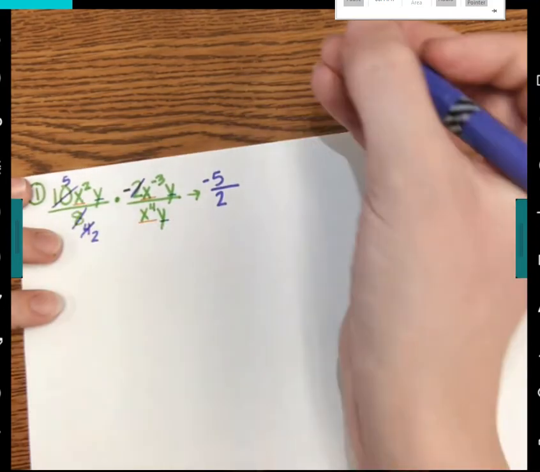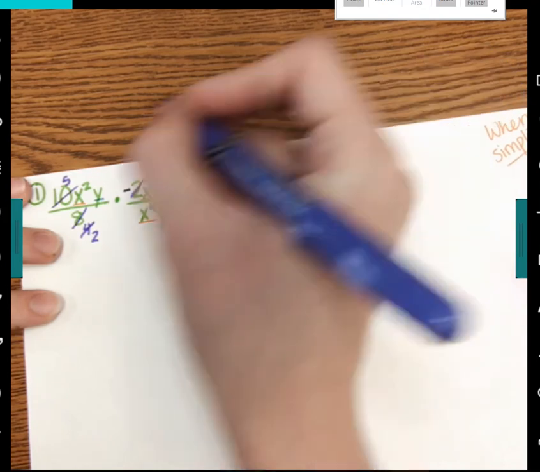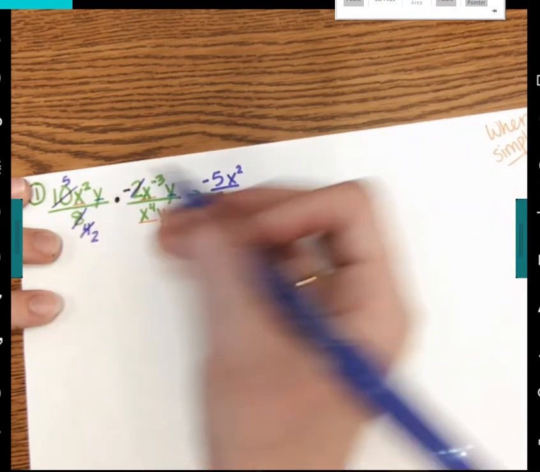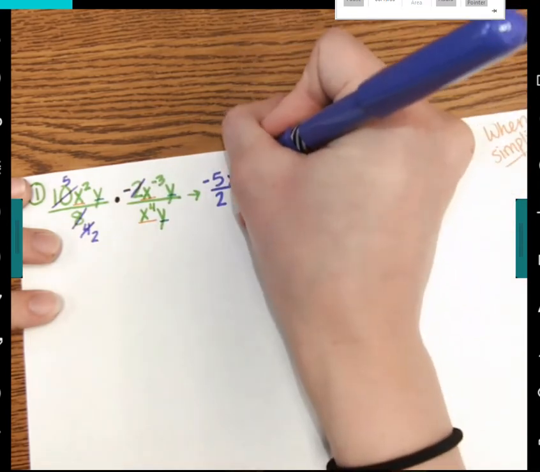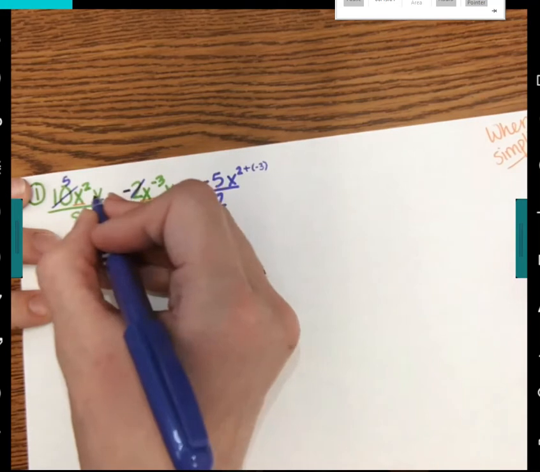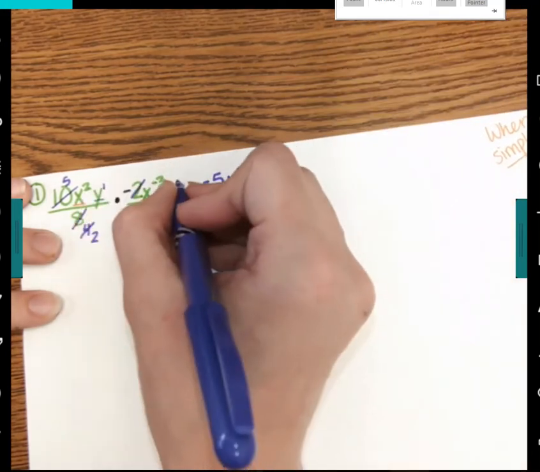Okay, so let's just show a couple of your properties. So these are being multiplied, right, with this little multiplication symbol. So that means we have an addition. So 2 plus -3 for our x's. And then our y's, we have a y. If we don't see anything, that means they're both to the 1.